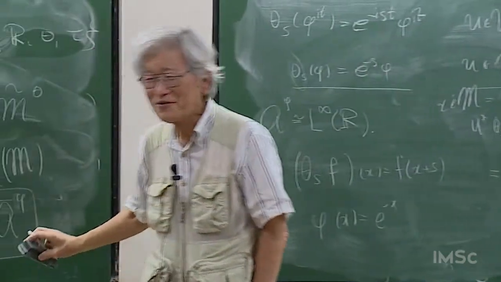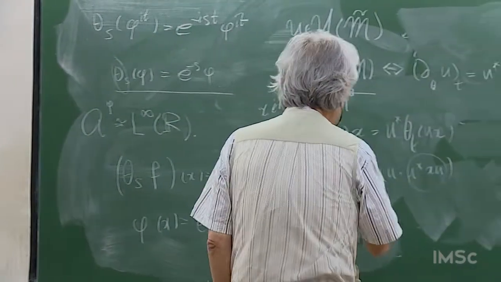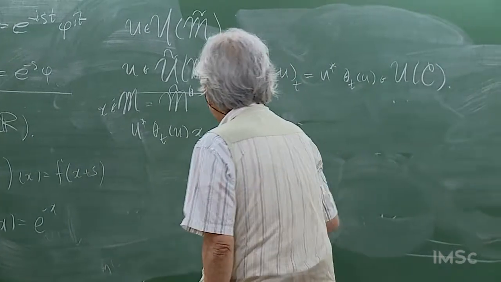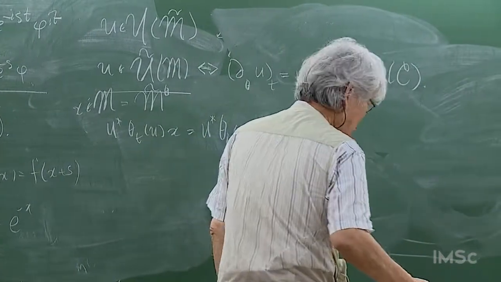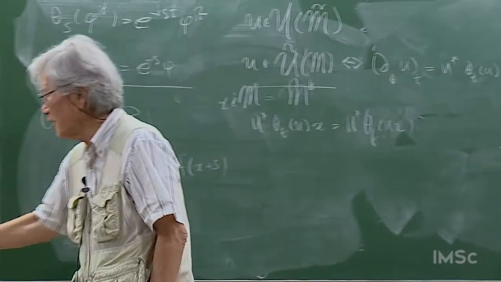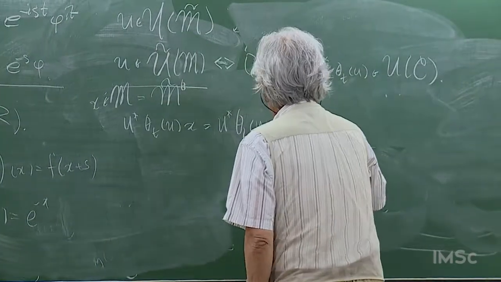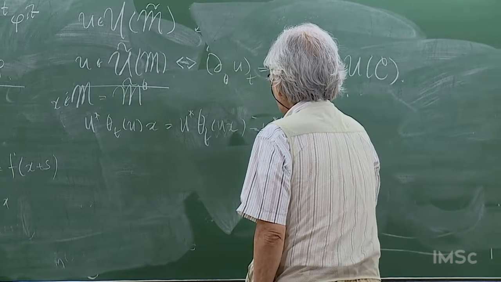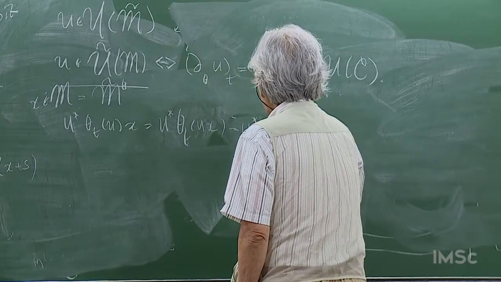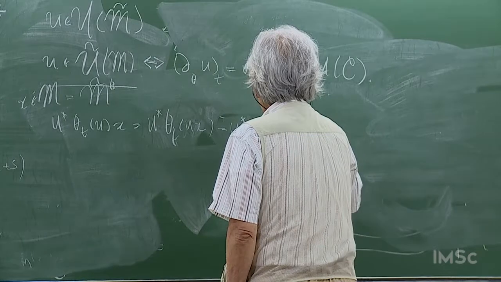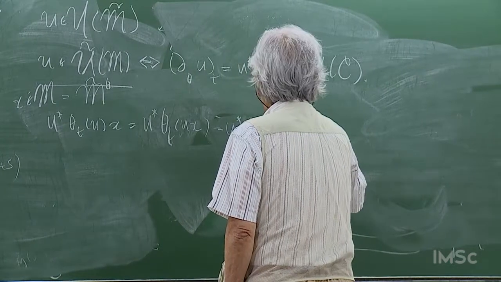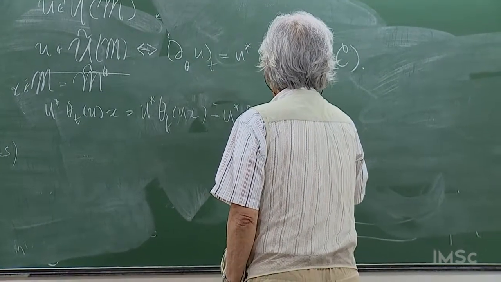There's no way to continue. X pops in because it is fixed under theta T. And then this one is U star times theta T of U X U star U, because this is 1.